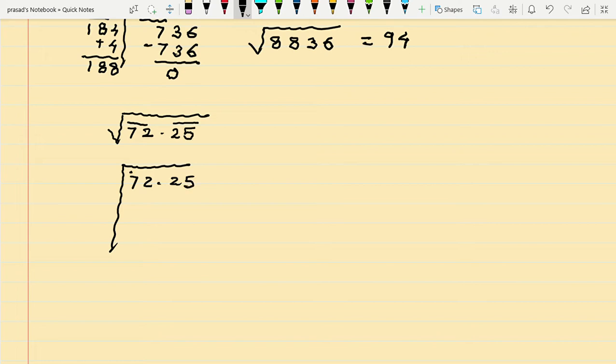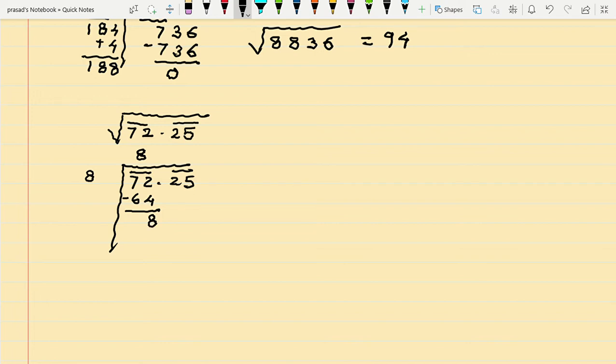Now to 72, which is the nearest perfect square? Yes, 8 square is 64, 9 square is 81, so 8. So first divisor is 8, first quotient is 8, so I'll subtract 64 from here, so I'll get 8 here.